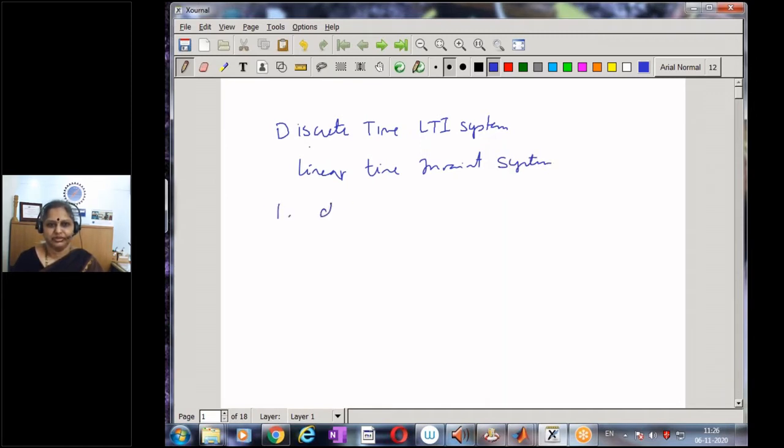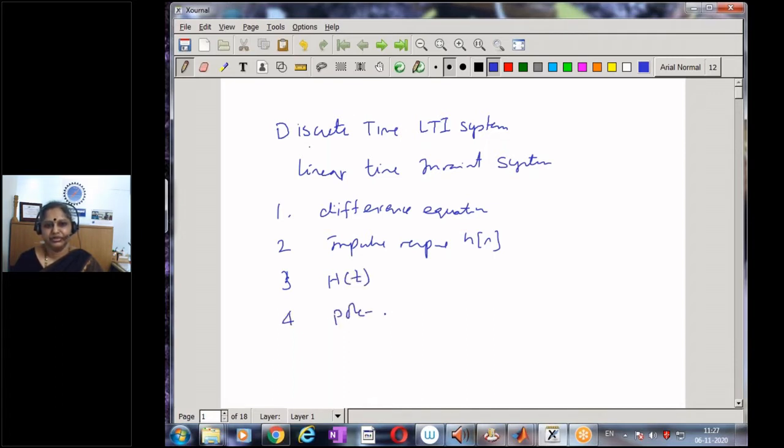First one was the constant coefficient difference equation. We had the representation by the impulse response. We also had a representation by the system transfer function H of z, the system pole zero plot.